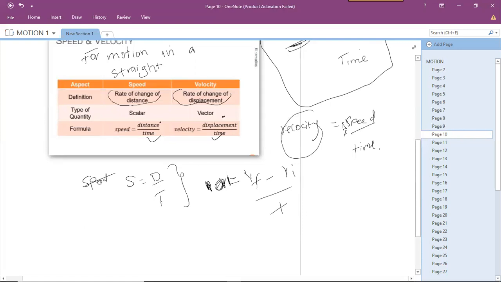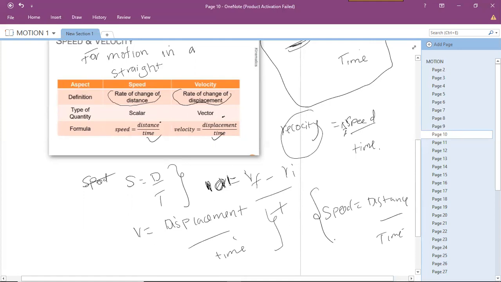The only difference between speed and velocity is that this d is displacement over time, while speed is distance over time. All right, so are you with me? Velocity, displacement over time; speed, distance over time. But for motion in a straight line, when we start looking at our speed-time graph, there won't be that much of a difference between velocity and speed.